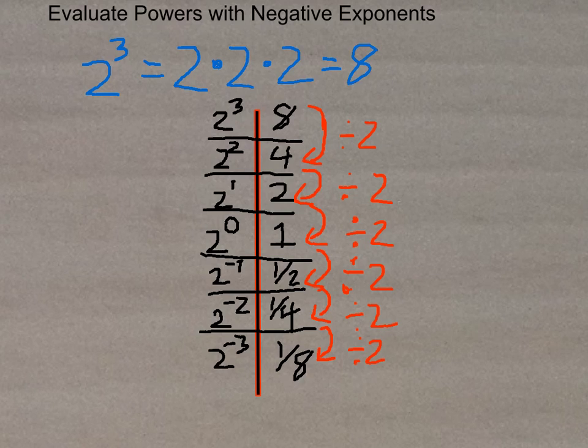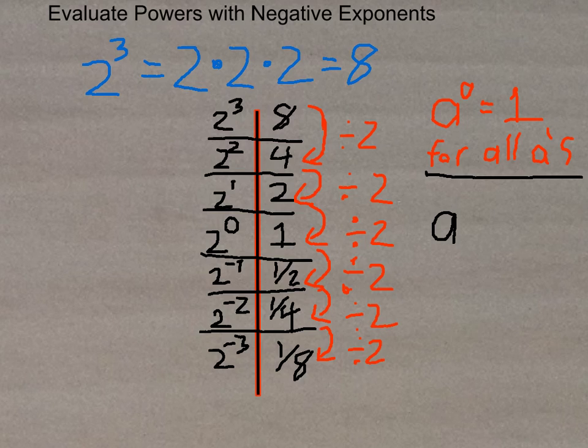In general, we can conclude that a to the 0 power is equal to 1 for all a's, let's just say.